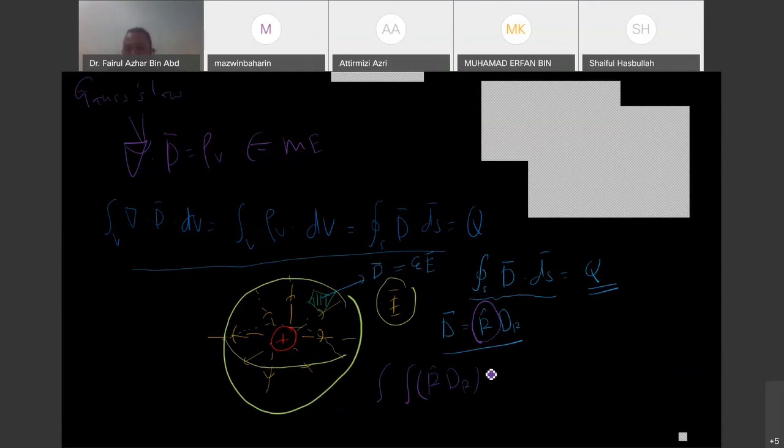In a spherical coordinate system, we have r squared sine theta d theta d phi r cap.